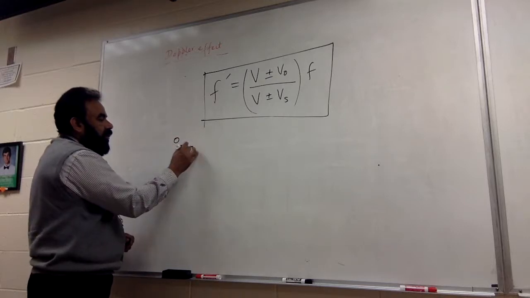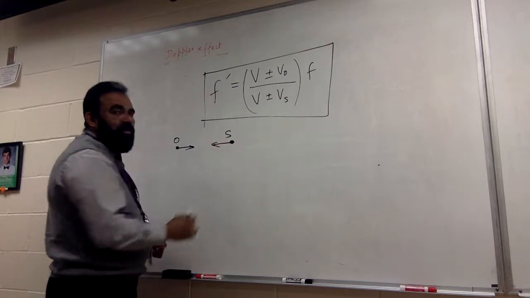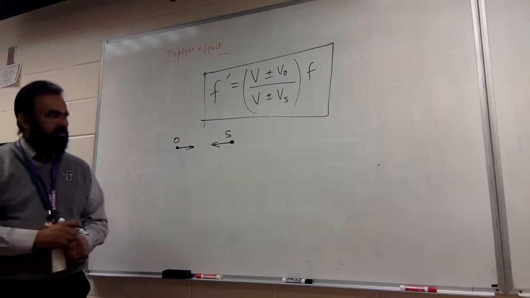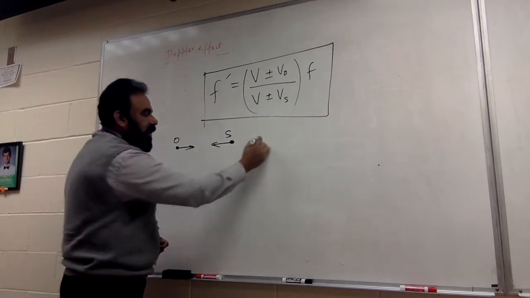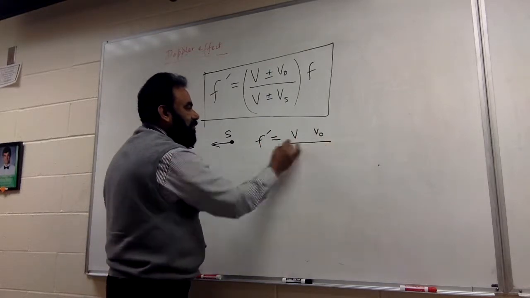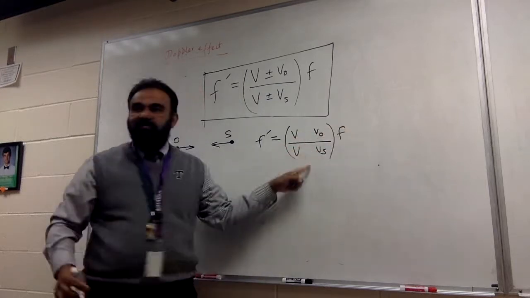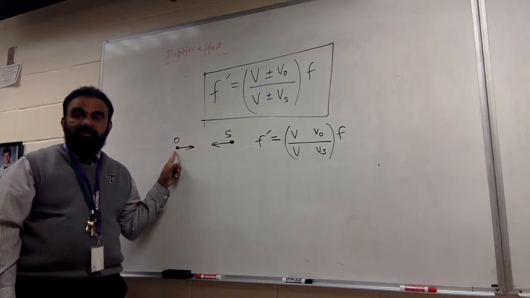Here it is. Observer going this way. Source going this way. What equation are you going to use for this? Both are moving. So F prime is going to be (V plus VO) over (V minus VS), times F. Now the sign is the only matter here. Is the observer going towards?